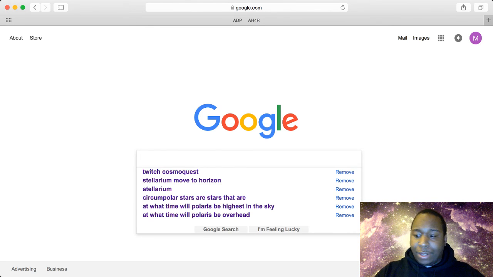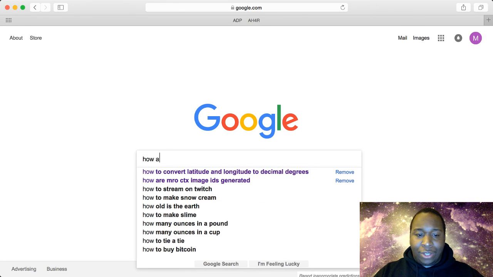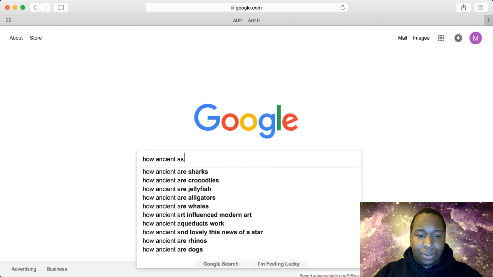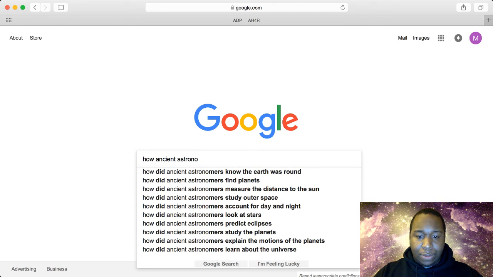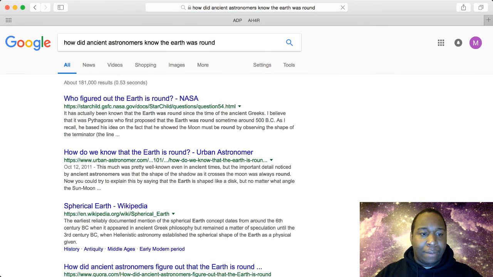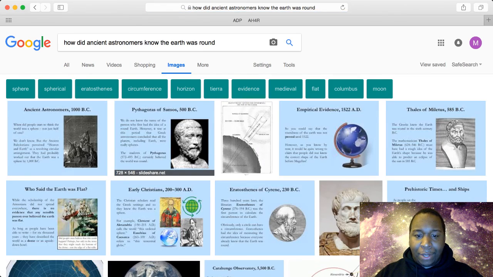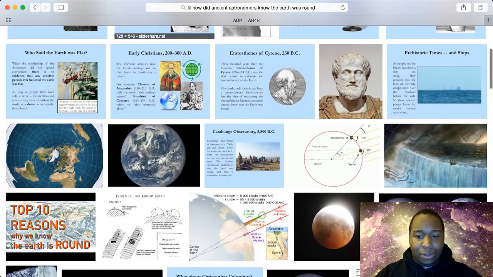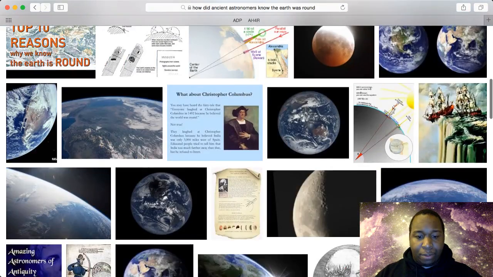So I want an image to help us with today's problem. I'm going to type in how ancient astronomers, let's put no, Earth is round. Let's see what images come up. I saw an image, and it was a great image for what I want to do.